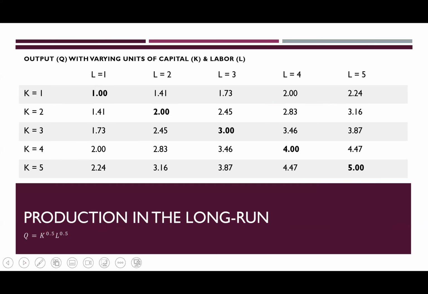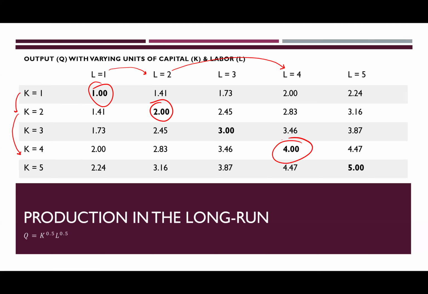The next thing I want to draw your attention to is what happens as capital and labor increase by the same amount together. So if we double capital and labor, we go from capital of 1 unit to 2 and labor of 1 unit to 2. We're going to see then a doubling of output, right? As we go from labor equal to 2 to labor equal to 4 and capital equal to 2 to capital equal to 4, we get again a doubling of output.